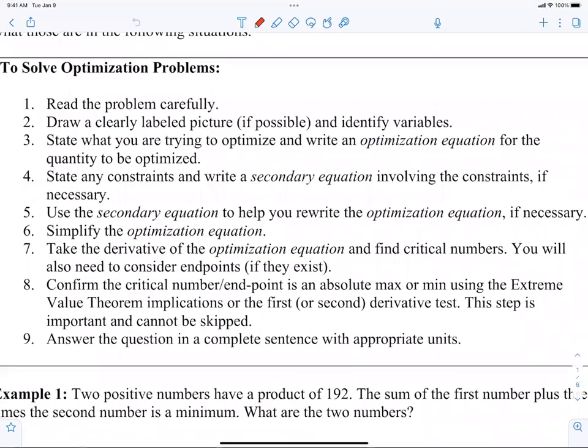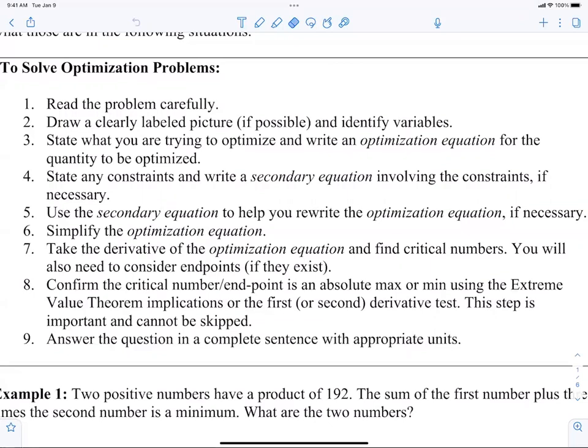Now, first step, read the problem carefully. Often, anytime you are solving an optimization problem, you are identifying either the absolute maximum or absolute minimum. However, the wording of the question may not say what is the absolute maximum or the absolute minimum of this function.